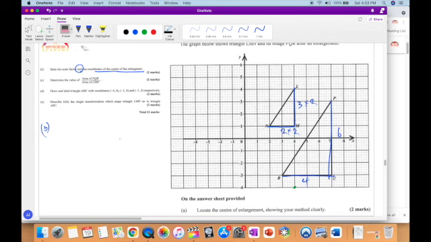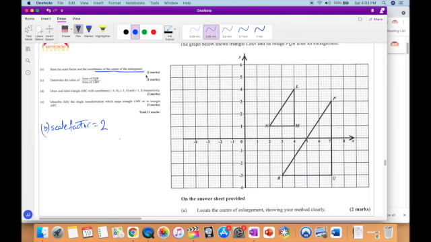Fine. Alright, fine. So the scale factor, not scale with a K. Scale factor equals 2. Alright? So we could see that there. That wasn't hard to figure out. So we just looked at the length of it.